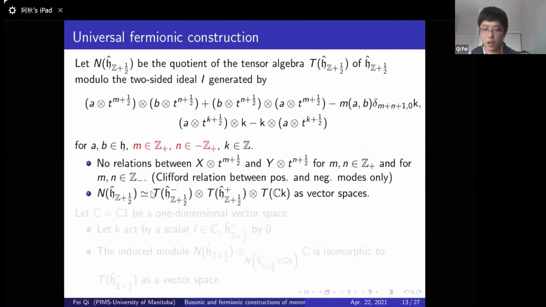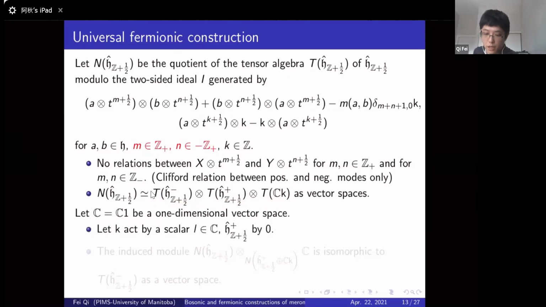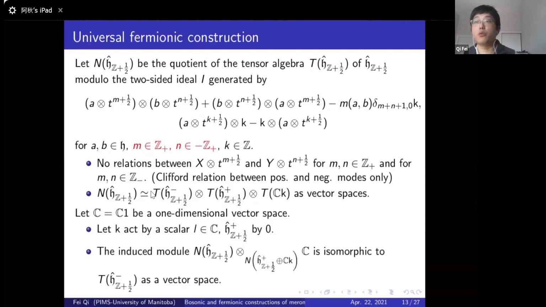Similarly, N of H hat, Z plus 1/2, satisfies the PBW type theorem. So as a vector space it is isomorphic to these tensors. And we similarly start from the one-dimensional vector space. Let K act as the scalar, let positive modes act by 0, and we form the induced module, and the induced module is isomorphic to T of H hat minus, Z plus 1/2, as a vector space.